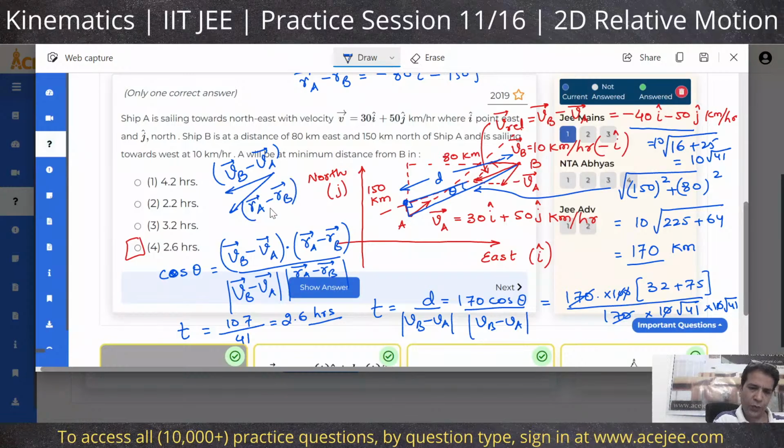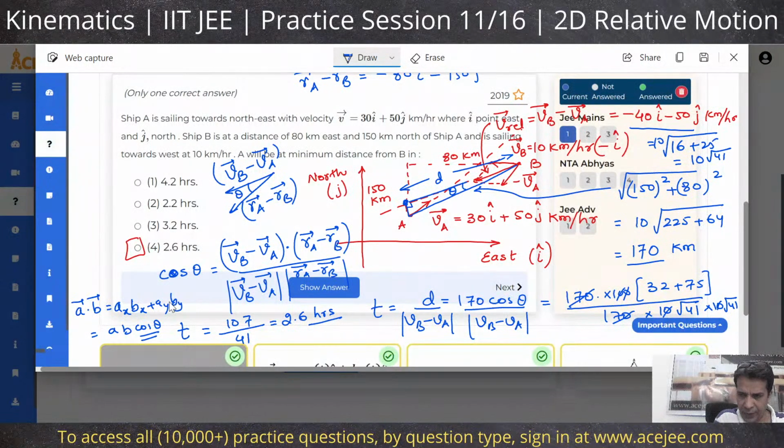So if we know these two vectors, how do we find the angle between them? So recall if you have A dot B, you can write this as ax bx plus ay by, or you can write this as magnitude of A magnitude of B times cosine of theta. So what is cos theta?